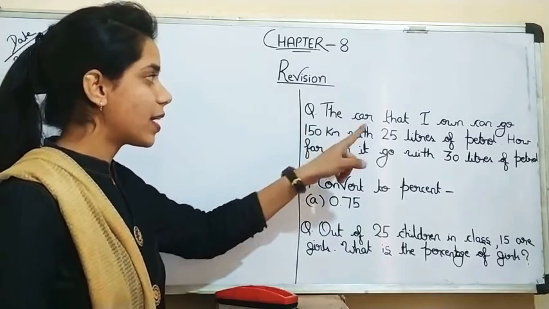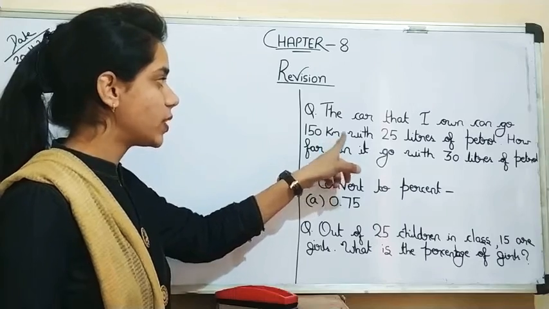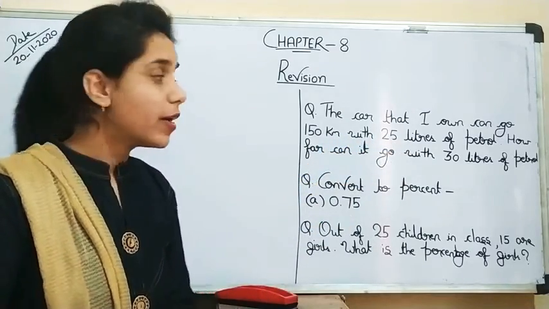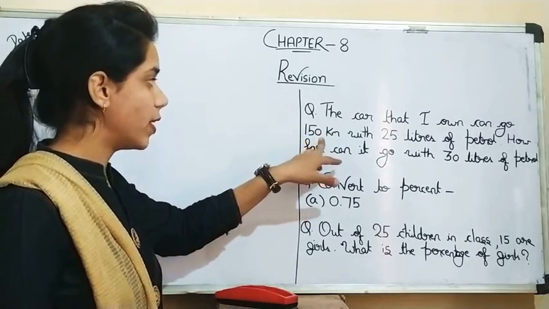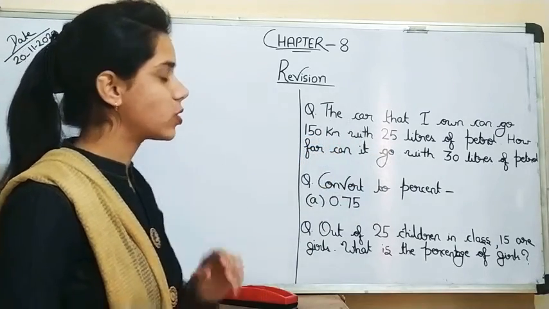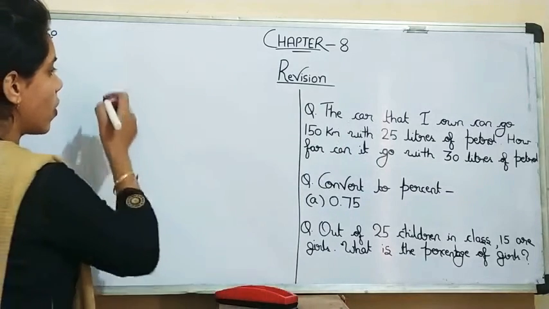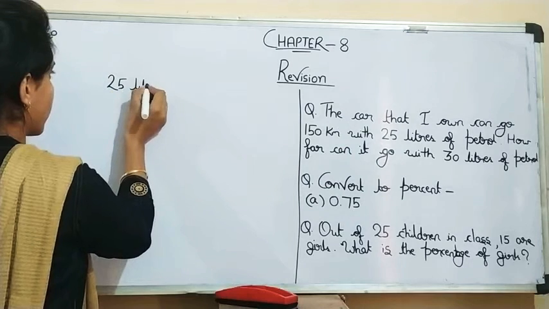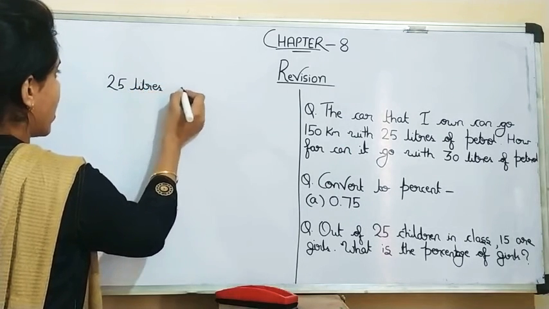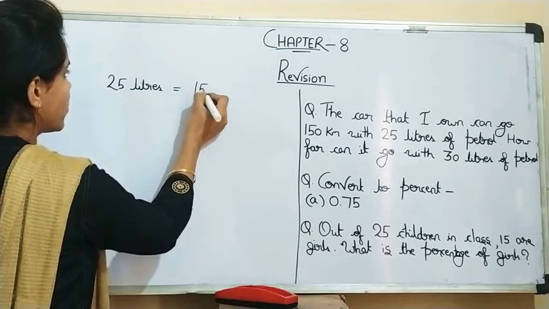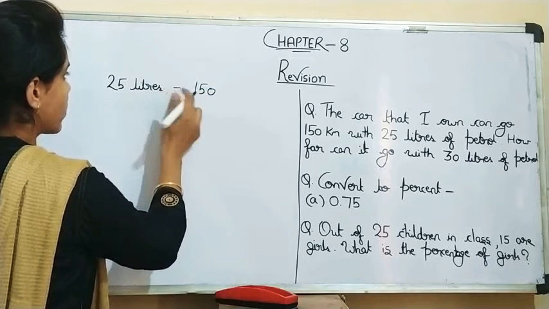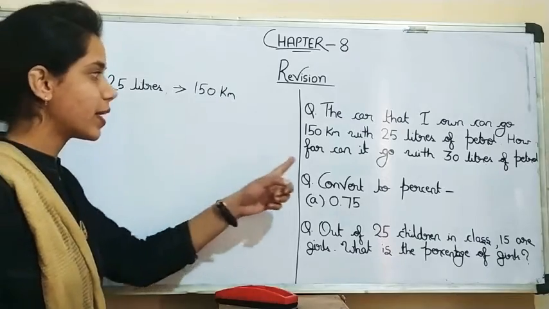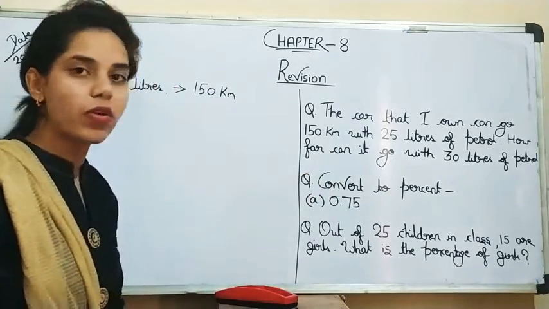The car that I own can go 150 km with 25 liters of petrol. So there is one car which can go 150 km with 25 liters of petrol. Now, how far can it go with 30 liters of petrol?